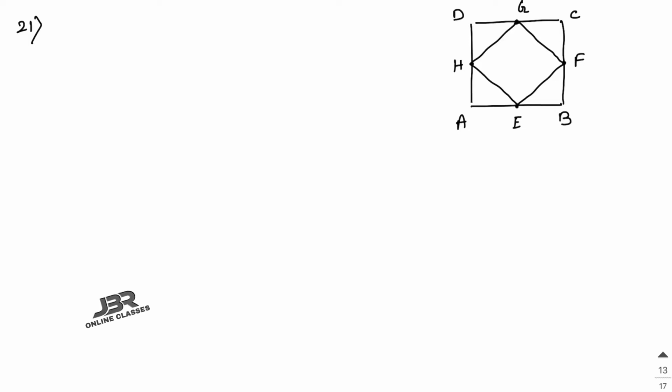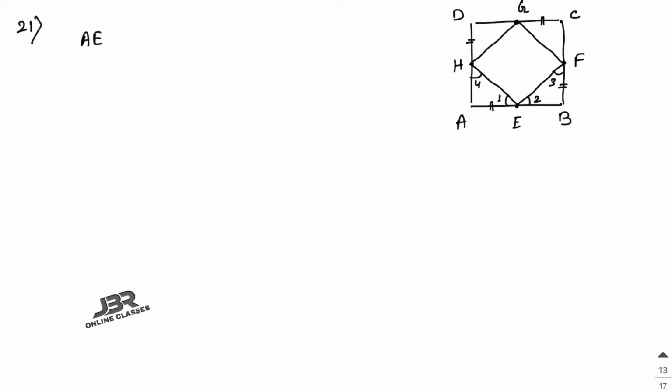Okay, so here that one equal to with this one, and equal to with this one and this one, and here it's 2, it's 3, it's 4, it's 1. Okay, so here you have to prove that EFGH is a square.